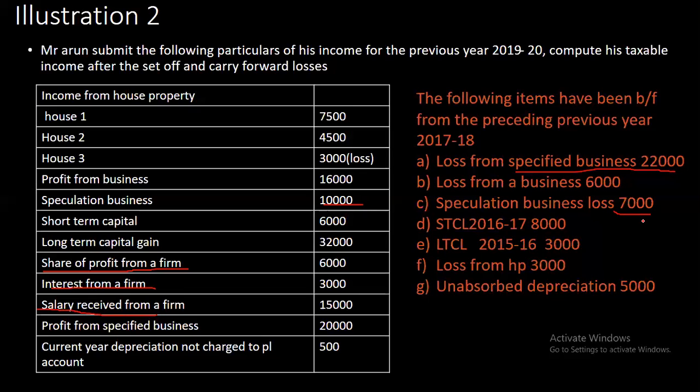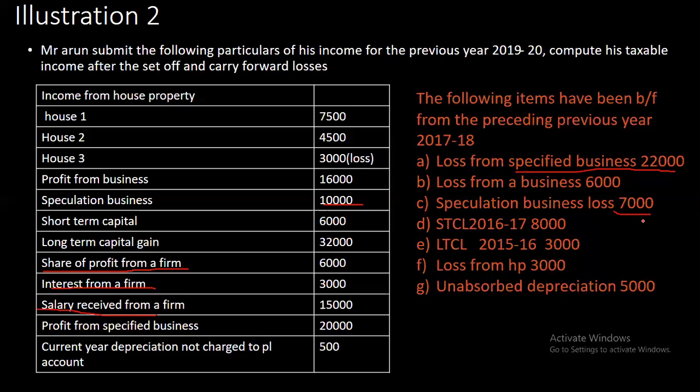Then short-term capital loss is around 8,000 rupees, and the current year profit is around 6,000. So there should be a minus 2,000 rupees.